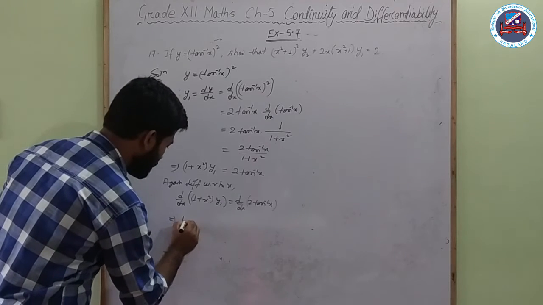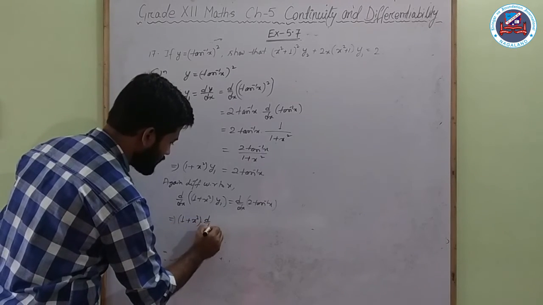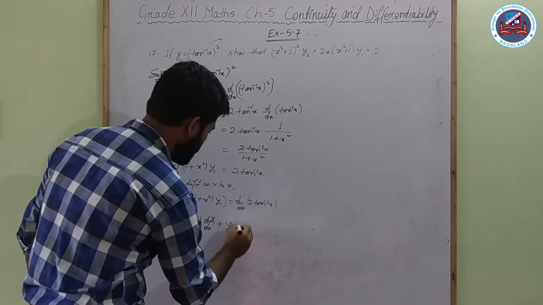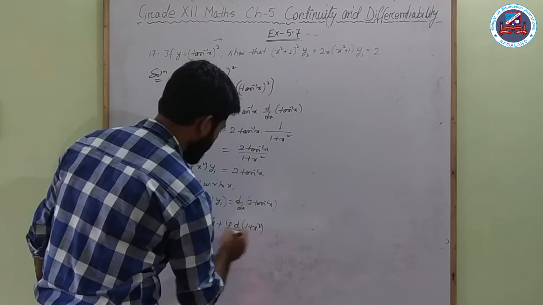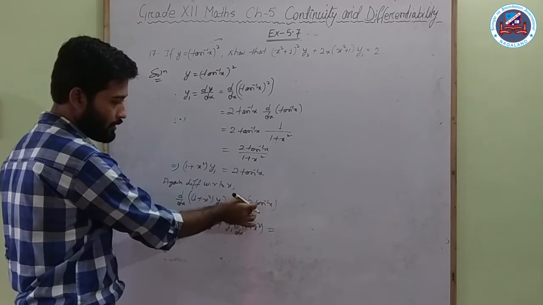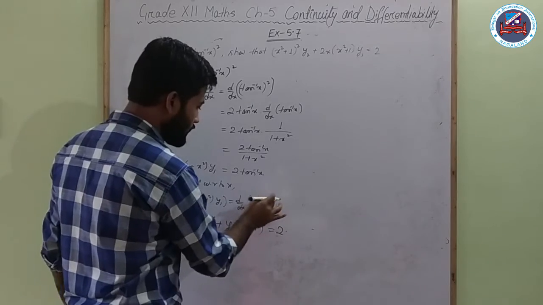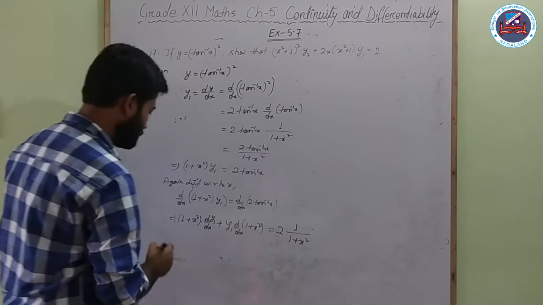That means we need to write the first function into d/dx of second function, that is y1, plus second function into d/dx of first function, that is 1 plus x squared. And on the right hand side this 2 is a constant, so just bring the constant first, and d/dx of tan inverse x will give us 1 by 1 plus x squared.